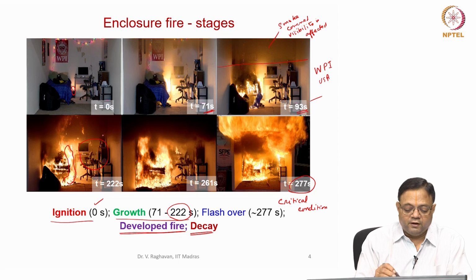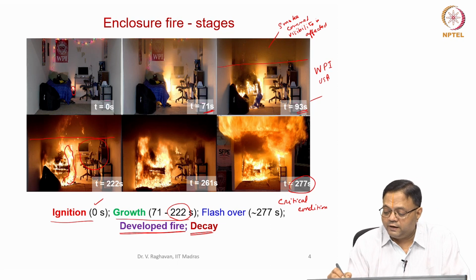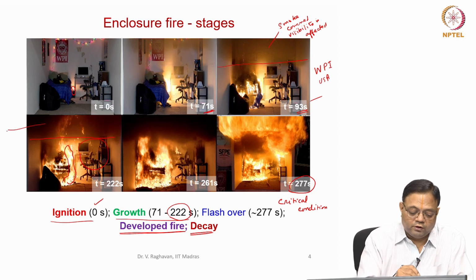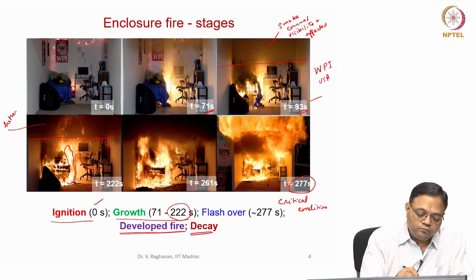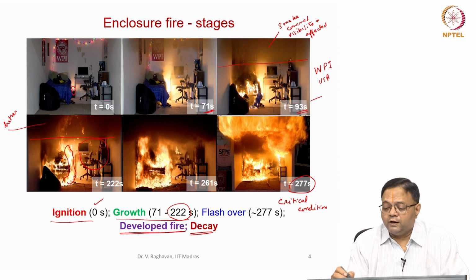Still the burning continues. Now you can see that the temperature of this layer compared to about 93 seconds, the layer of the smoke at 223 seconds will be hotter. For example, the smoke layer at around 93 seconds can be at a temperature of about 300 degrees centigrade.